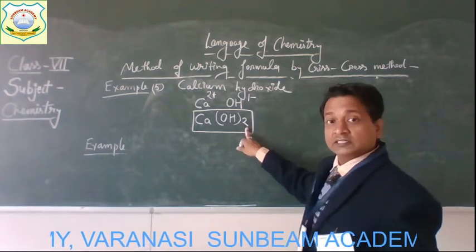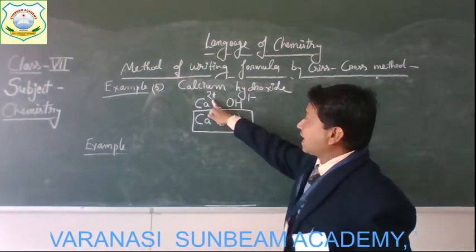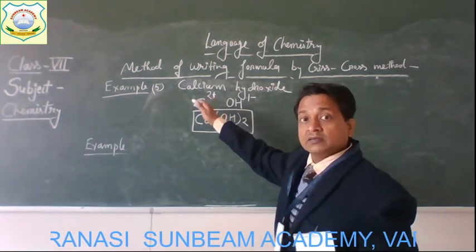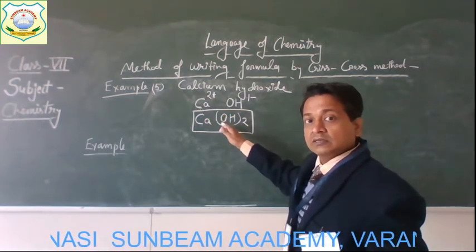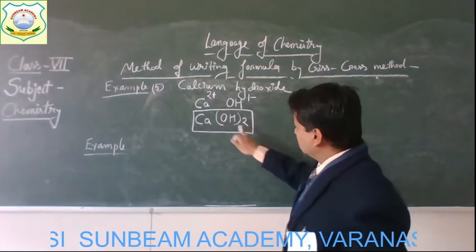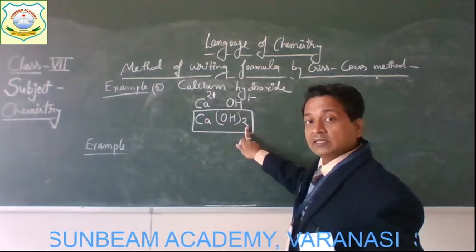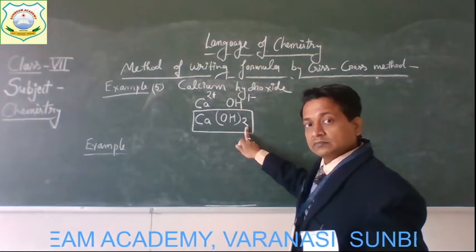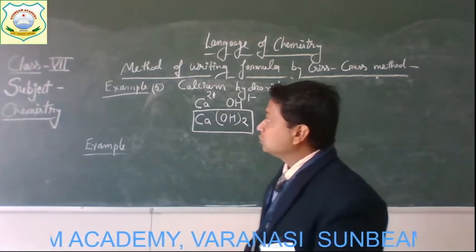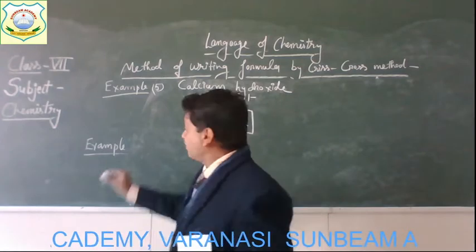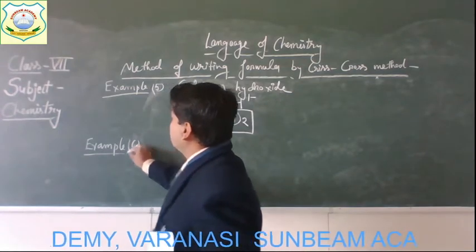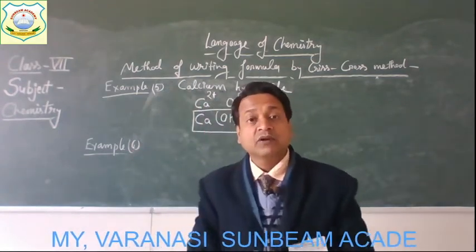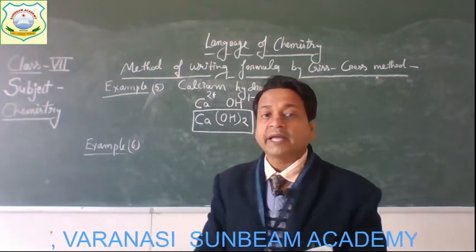This 2 is the valency of calcium, so after crossing it, we will write this 2 at the base of hydroxide. Get it? Now, come to the next example. Example number 6. Now we will write the formula of silver chloride.